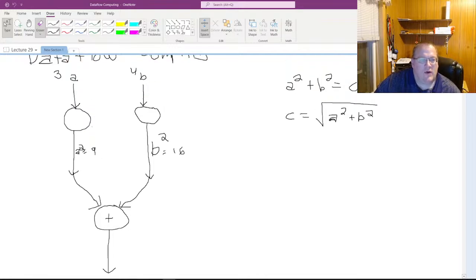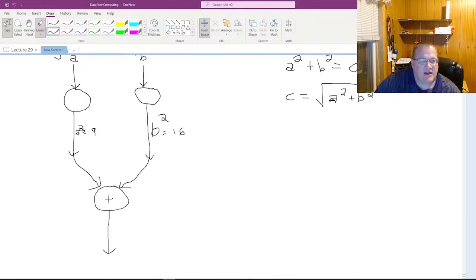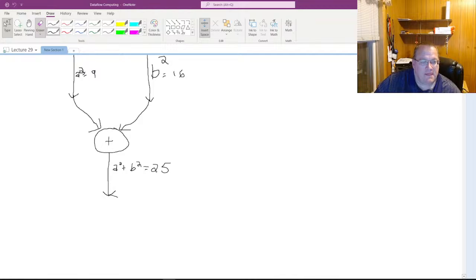So when it sees a 9 on one side and a 16 on the other, it's just going to add them together. So we could say this is A squared plus B squared, or in this case, equal to 25. And then we have another node here. This one is just going to take the square root of the input.